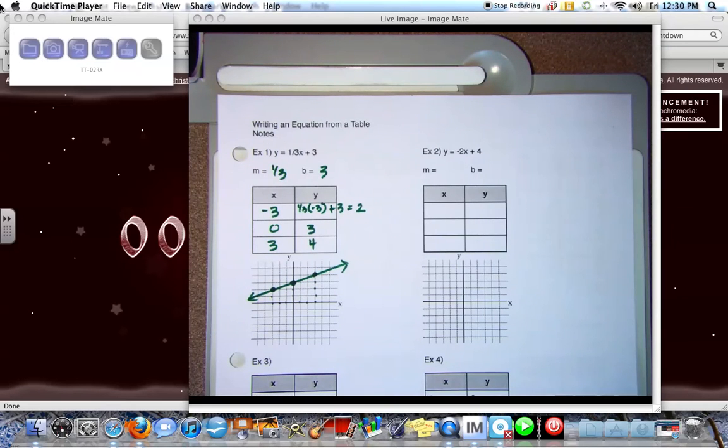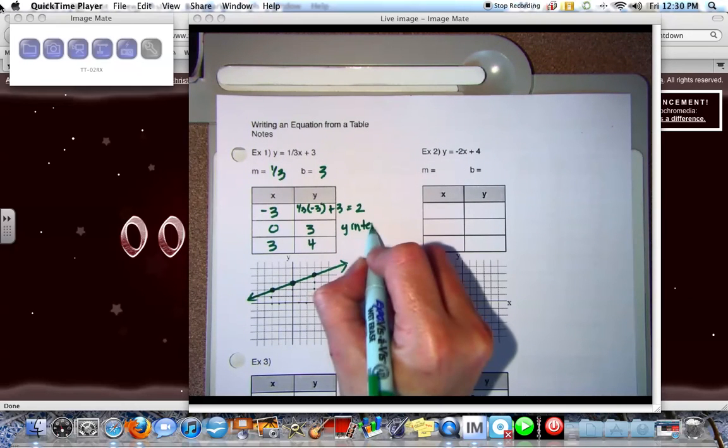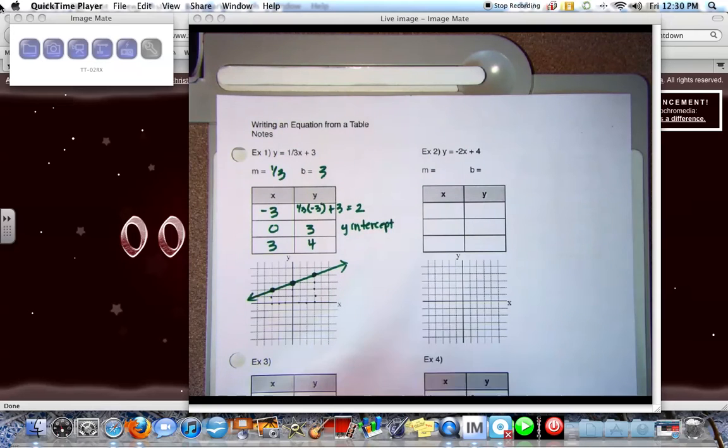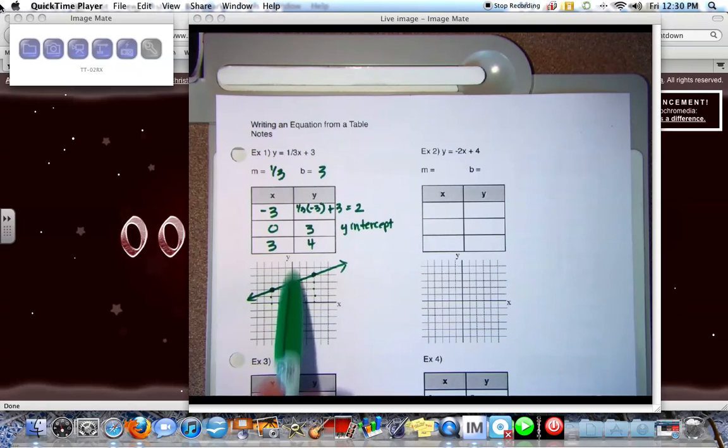Which ordered pair is my y-intercept? 0 and 3. Right here is my y-intercept. You can always find the y-intercept when the x value equals 0. Here it hits the y-axis, and this ordered pair is 0 and 3.